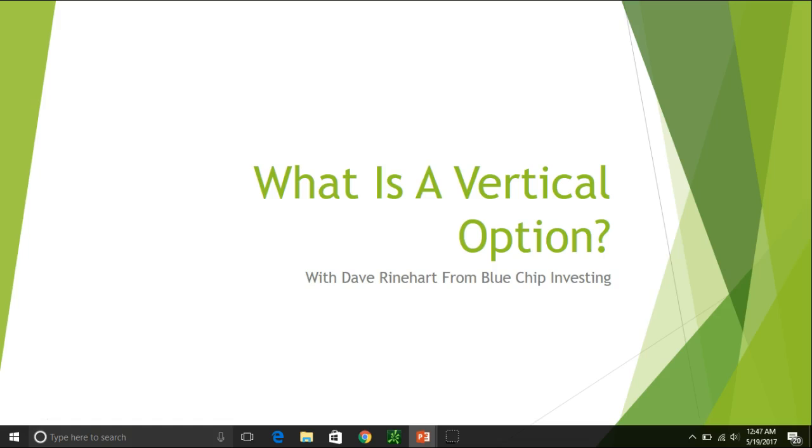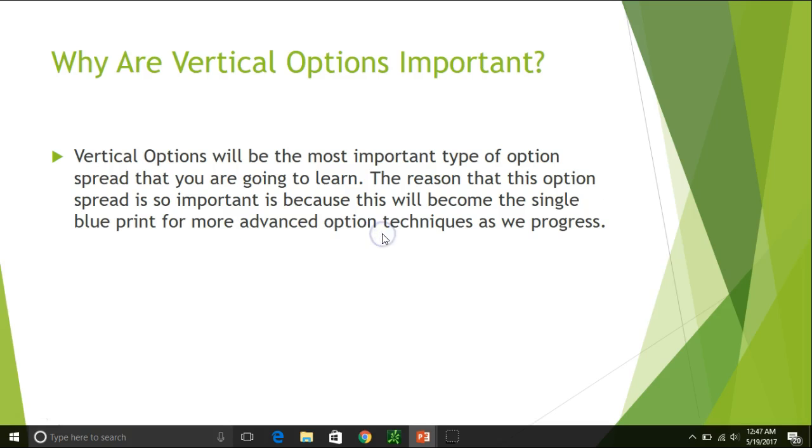Today we're going to be going over what is a vertical option. A vertical option is important because it will be the most important type of option spread that you are going to learn. The reason is that this will become the single blueprint for more advanced option techniques as we progress.